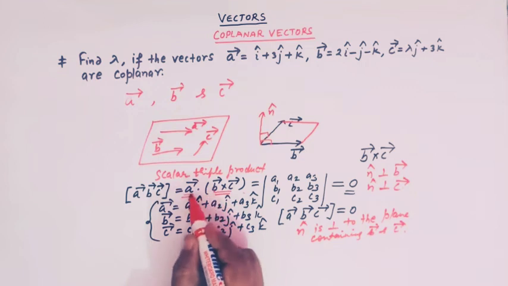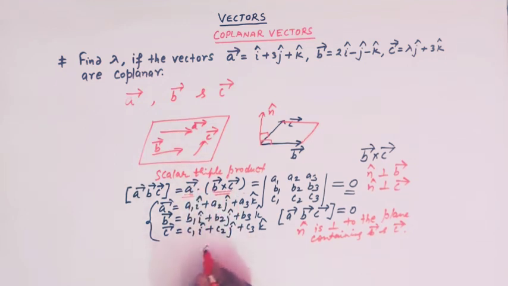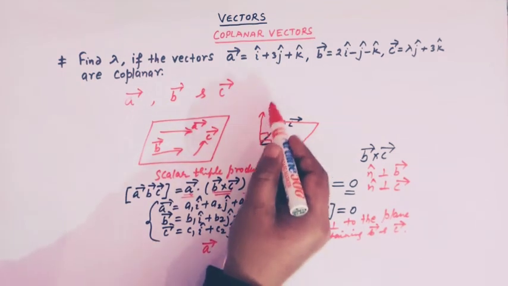Now see, here we are taking the dot product, or the scalar product, of B cross C with vector A, right? So now the direction of B cross C is given by n cap.